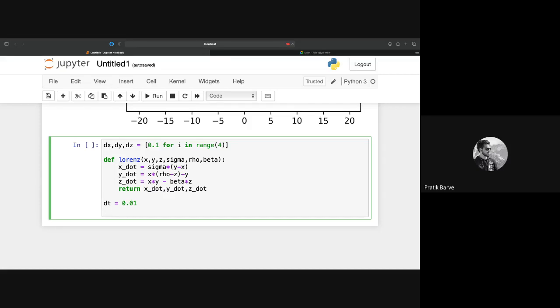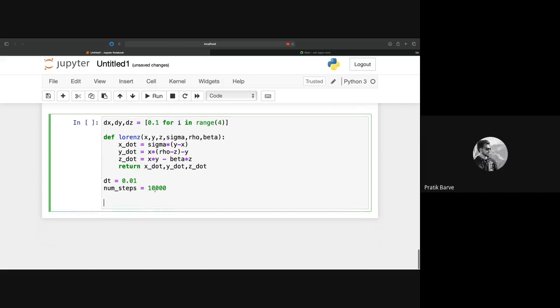I got a warning. Okay, so I'll continue. dt is 0.01, and let's say the number of steps we take 10,000. Now to store the values of x, y, and z, we'll define an empty array.